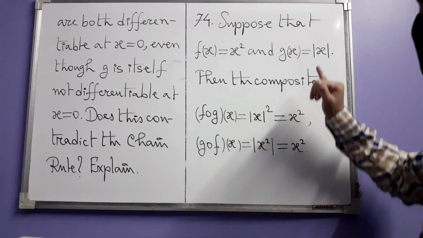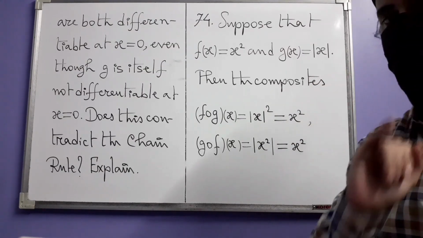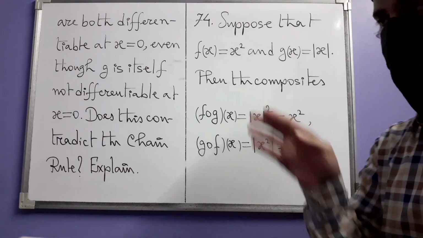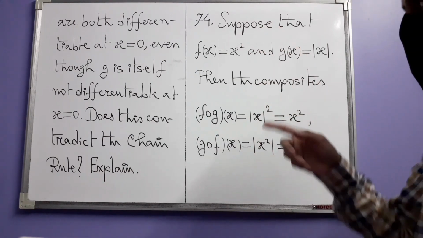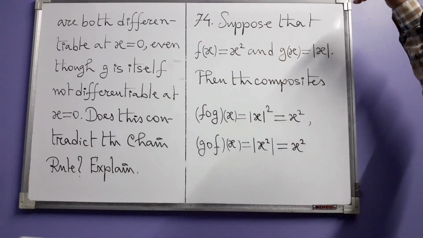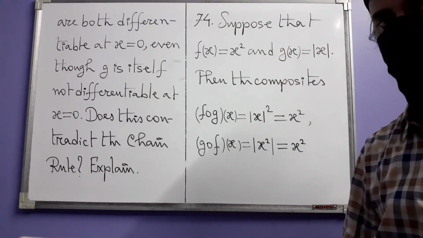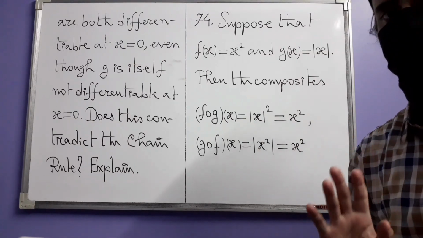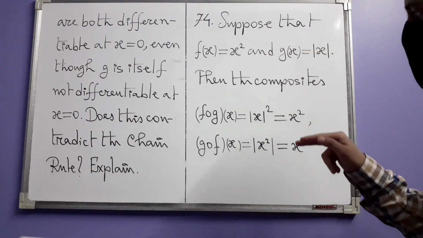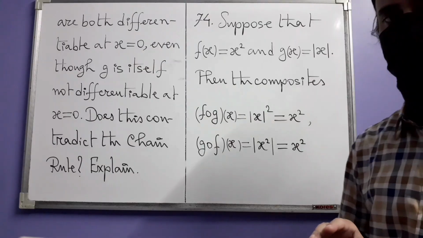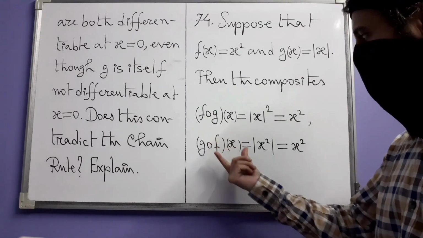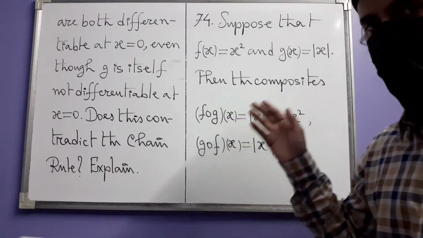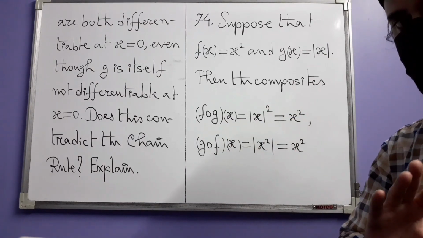Even though g itself is not differentiable at x equal to 0, which is also something we already know. If you think of the graph of g, there is a sharp corner at x equal to 0. So the graph has no tangent at that point. g is not differentiable. But because composite functions are involved, we can apply the chain rule to find the derivatives of the composite functions.